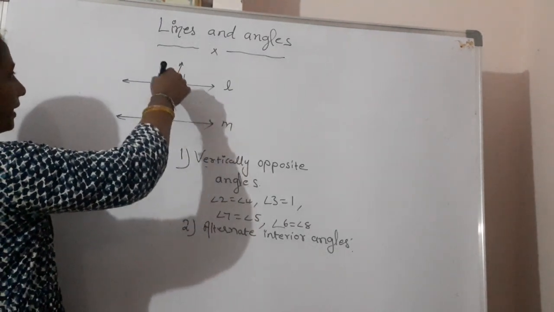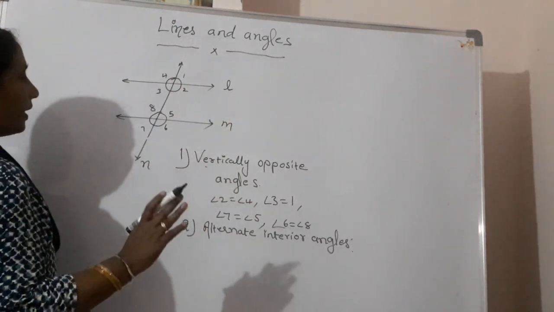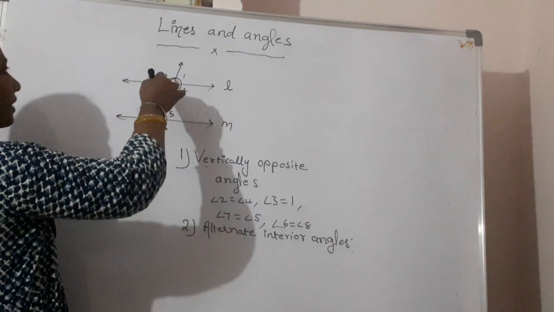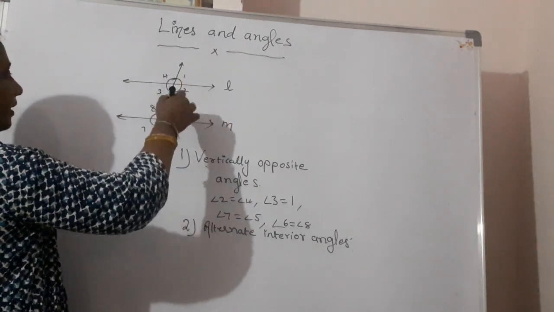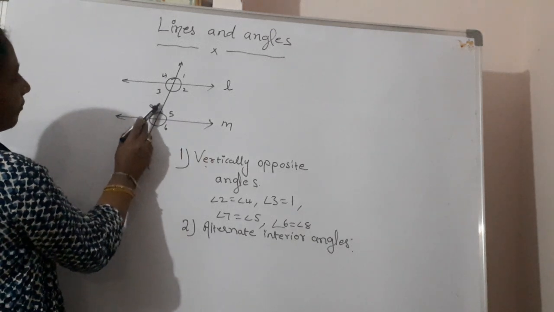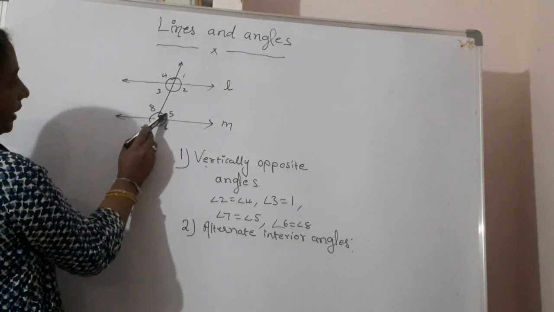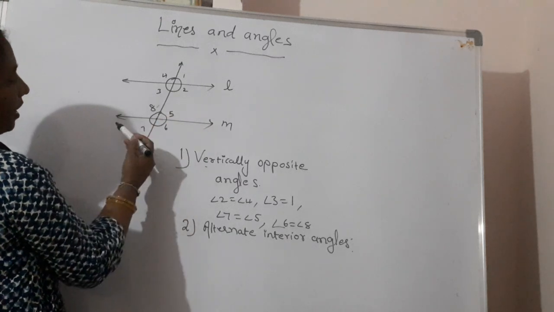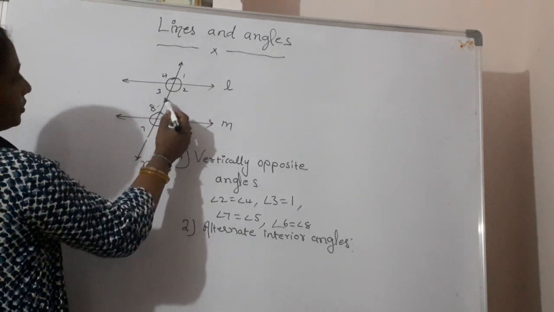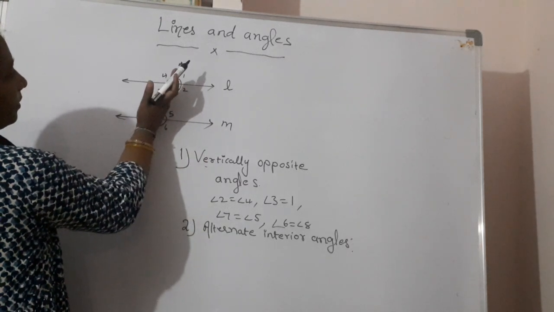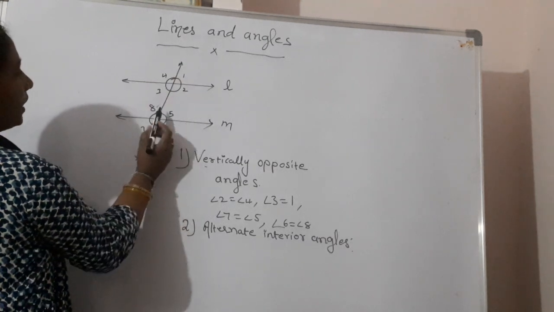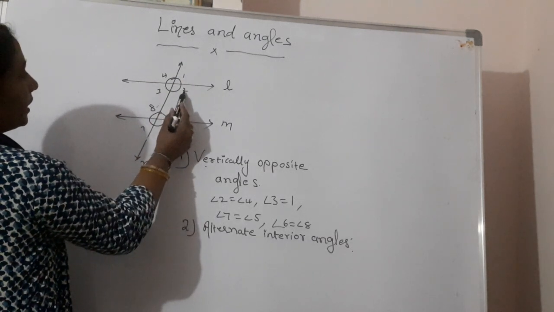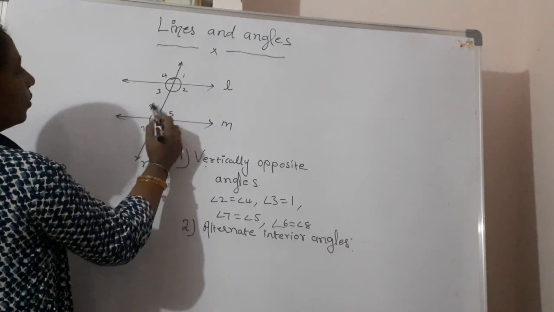They must be interior angles, inside the two lines, and 3 and 5 are called alternate interior angles. Alternate means not exactly opposite. So on the two sides of the transversal, the angles inside both lines are the interior angles.